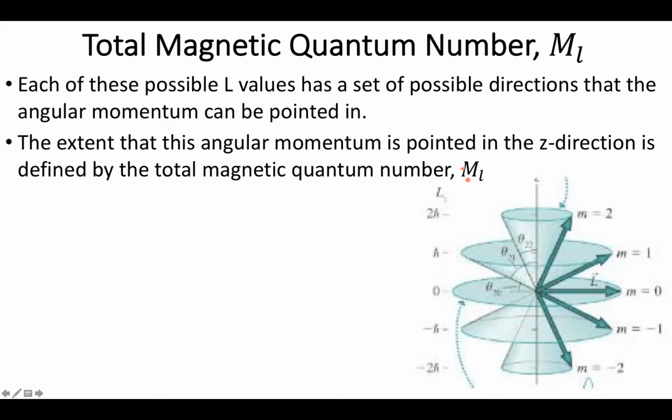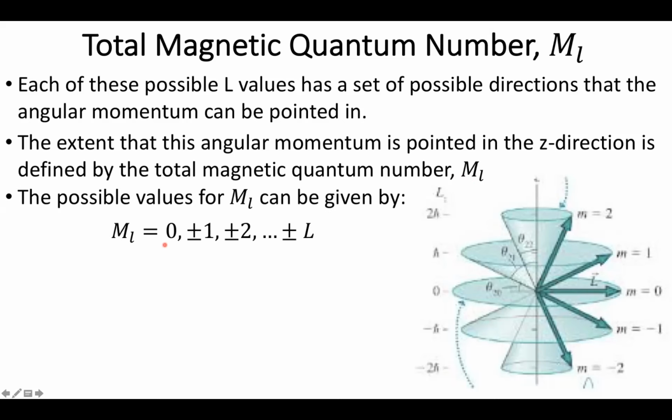It can be defined very similarly to the m sub l for my individual orbits, as it can have values ranging from 0, plus or minus 1, plus or minus 2, all the way to plus or minus my total orbital angular momentum, as my orbital angular momentum can either be pointed all up, all down, or any integer value in between.